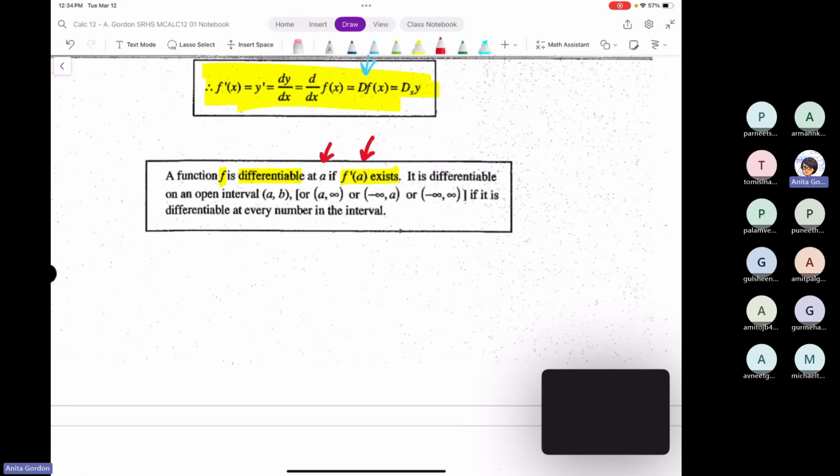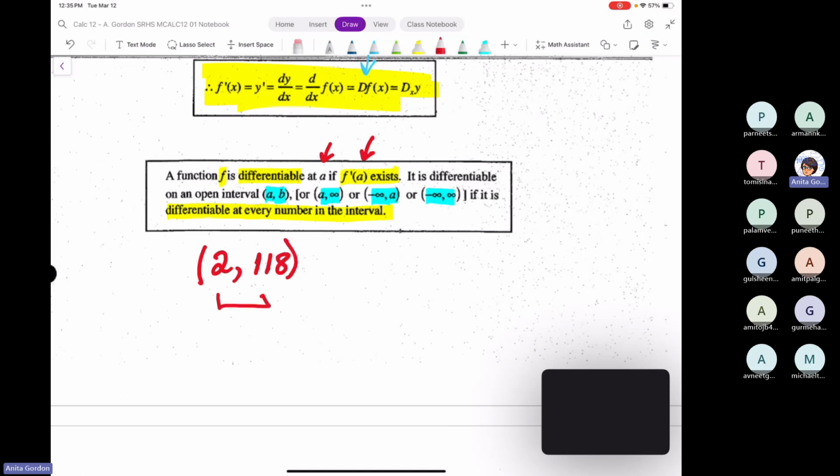So on open intervals, or from a point to infinity, if it is differentiable, then it is differentiable at every number in the interval, but not necessarily at the endpoints. Okay, so if you have a function that exists, let's say from 2 to 18, I'm just making this up.